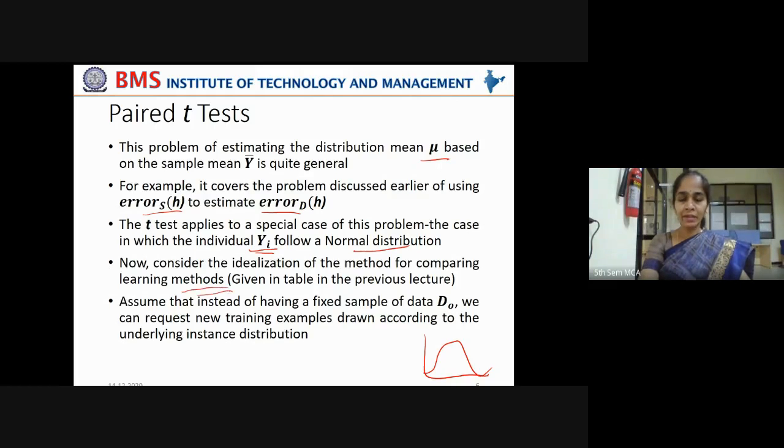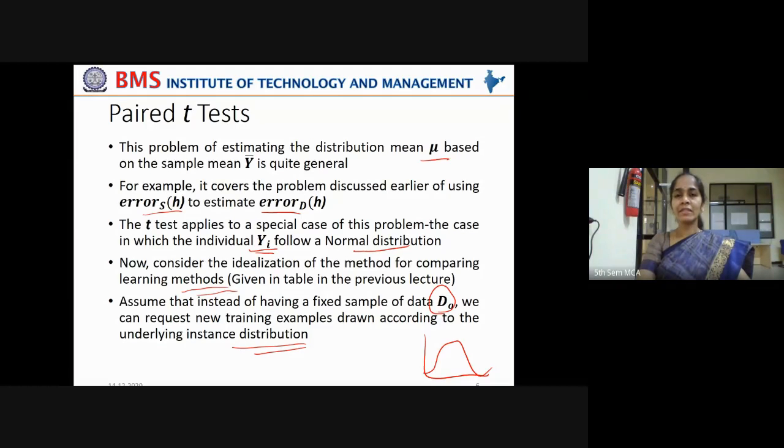That is k-fold cross validation. Now, assume that instead of having a fixed sample of data D naught, we can request new training examples drawn according to the underlying instance distribution.